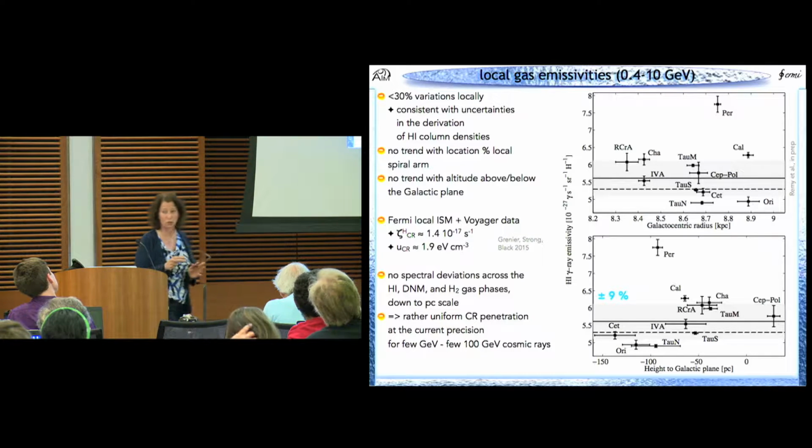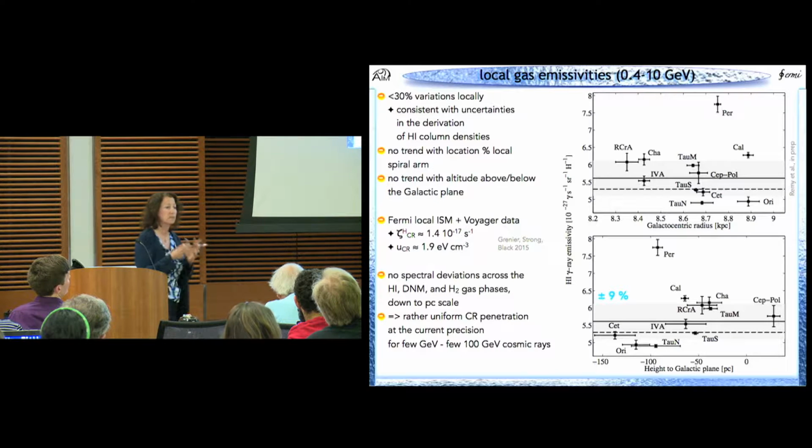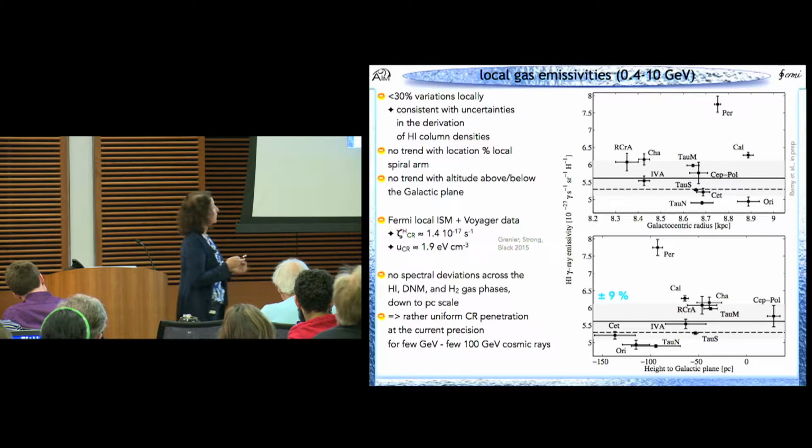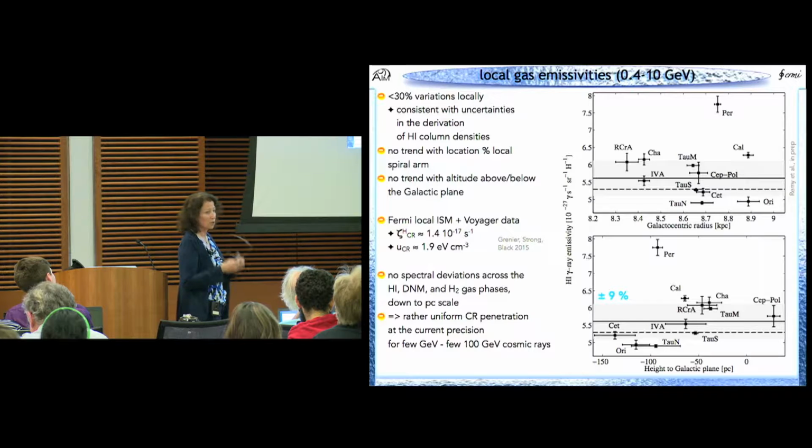We have a lot of crosstalk between the H1 and CO maps because it's a very small, compact cloud in terms of angular scale. So this could really be a measurement deviation and not a cosmic ray density change. We'll check that.